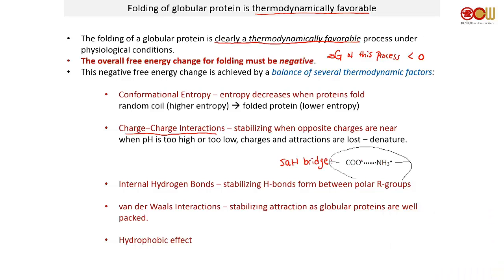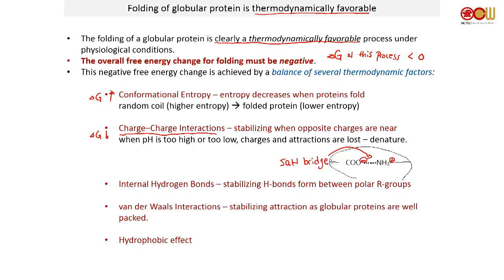When you have COO minus and NH3 plus, this is a salt bridge. One is minus, one is positive. Together, they're very happy. So having this electronic interaction provides a decrease in delta G.